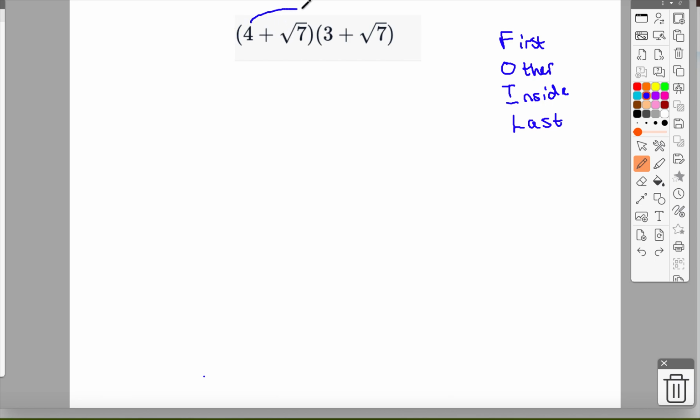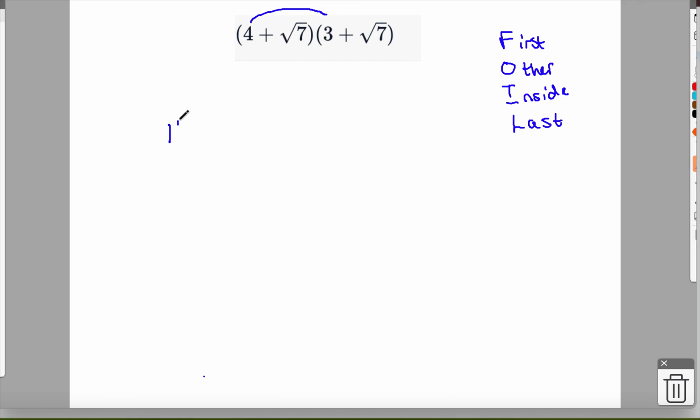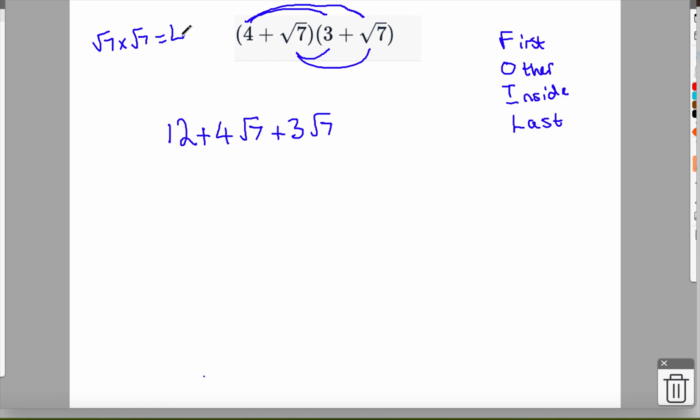So I'm going to go for my first one multiplied by my first one. Well, 4 multiplied by 3 is 12. Then I've got my first one times my outside one, which is 4 lots of root 7, so 4 root 7. Then I've got my inside times my inside, 3 times root 7, which is going to be 3 lots of root 7. And then I've got my inside times my last one, which is root 7 times root 7. Now, most of you will be like, oh, well, that's root 49. Yes, it is, absolutely.